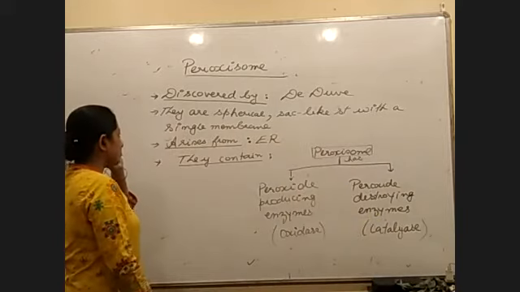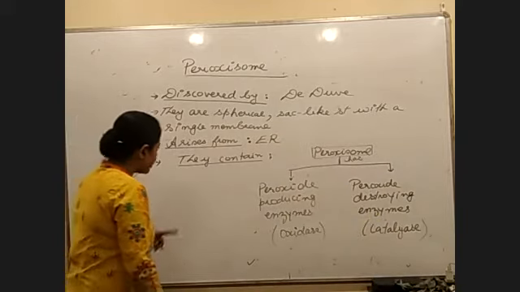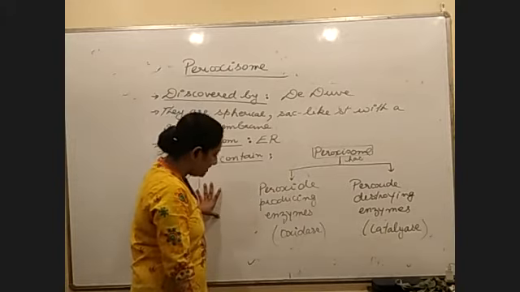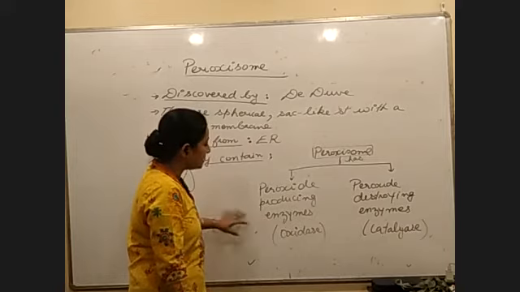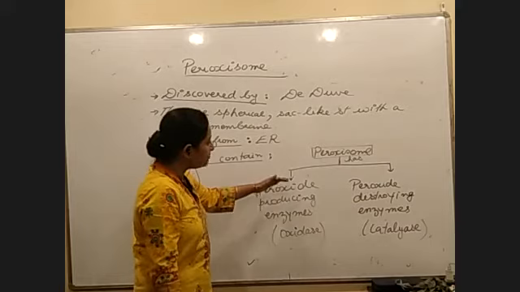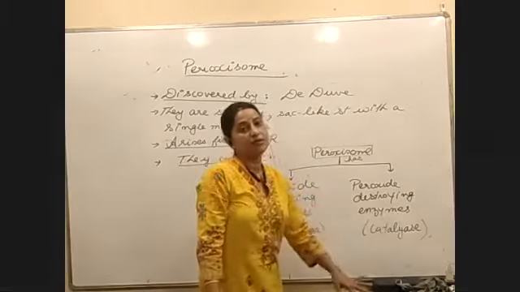Okay. Peroxisome, why is it called that? Because it contains hydrogen peroxide, right? In this small sac-like structure, you see the presence of certain types of enzymes, and these enzymes are responsible for producing the peroxide and also destroying the peroxide, right?